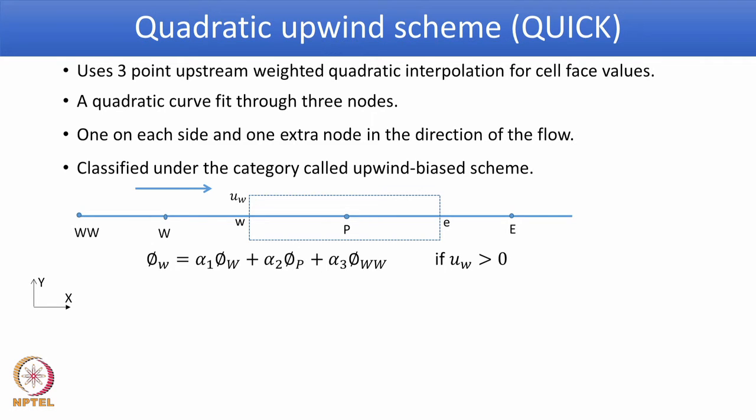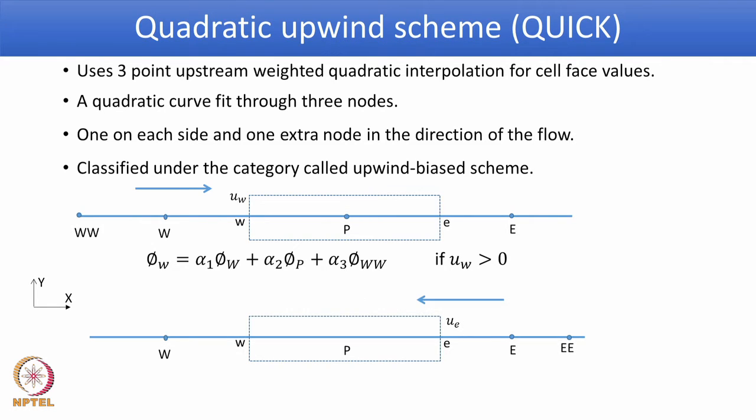Now, let us take the next case when the flow is from right to left as shown here. With respect to the coordinate definition that you are using, the flow direction is negative.